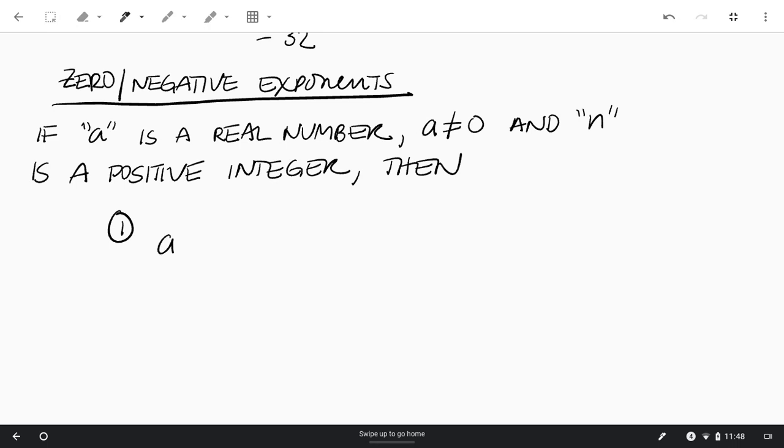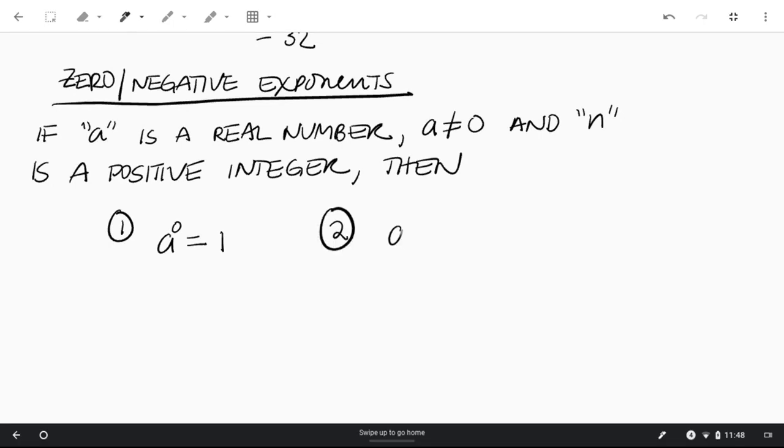So if you have some base, again, a is not 0, and you raise it to the 0 power, whether that base is 2 or 5 or 7, 2 to the 0, 5 to the 0 power, 7 to the 0 power, doesn't matter what that base is so long as it's not 0, it equals 1.